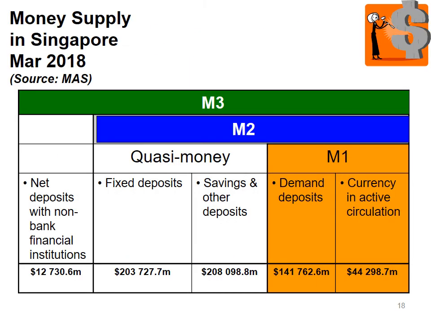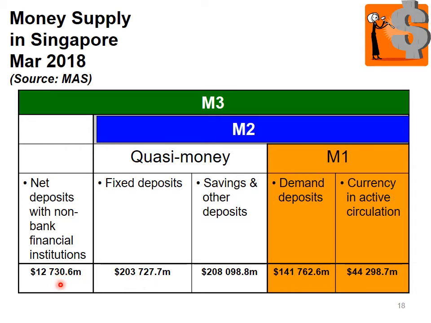This shows the components of money supply and their values. You can see the current values as of 2018. You see that currency in active circulation is not so much, then it becomes bigger in terms of demand deposits, then savings and other deposits this amount, then fixed deposits this amount, and then other deposits this amount.